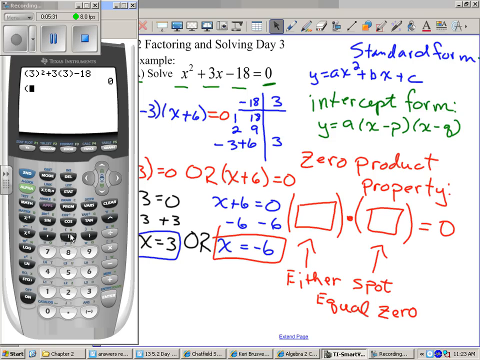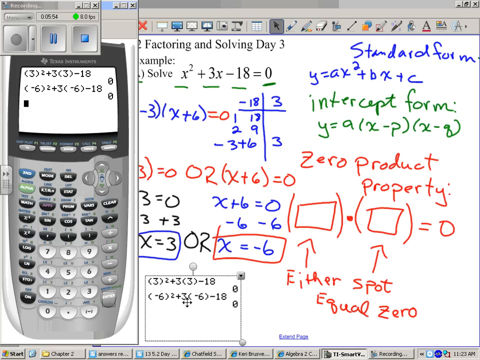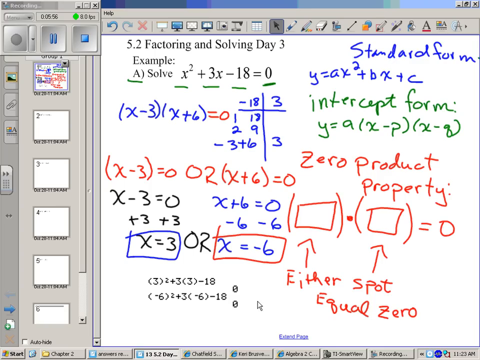My other problem says negative 6 squared plus 3 times negative 6 minus 18. This again gives me 0. So I now know that both of these are good answers, and I've checked my work using my calculator. Okay, so there's my answer.